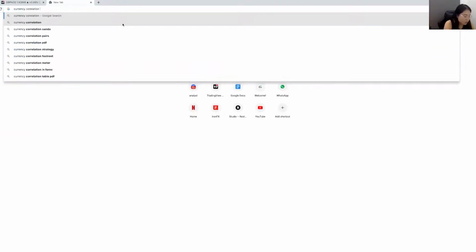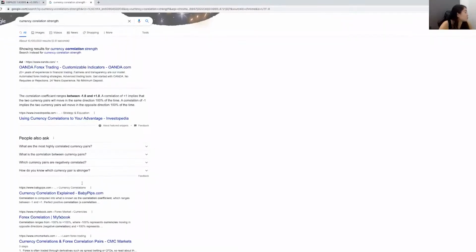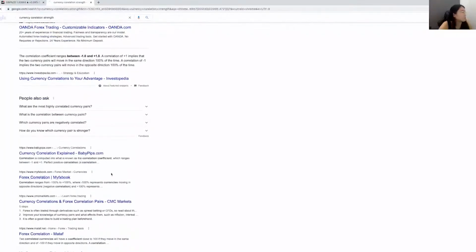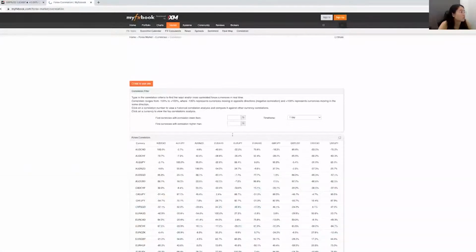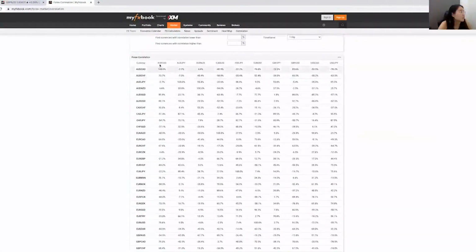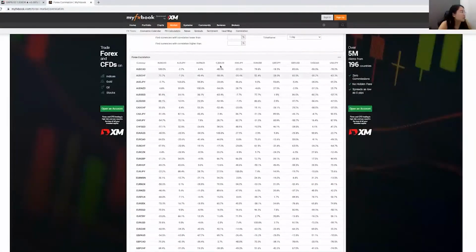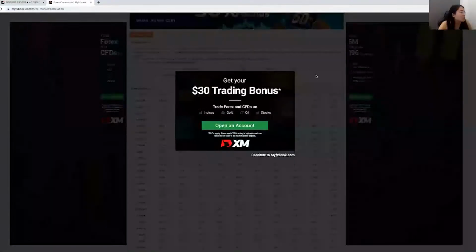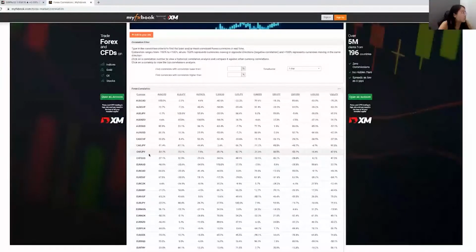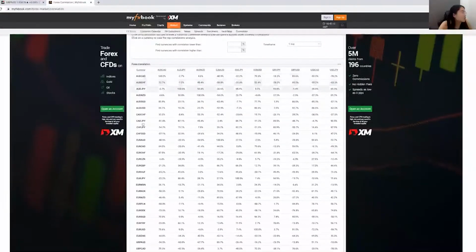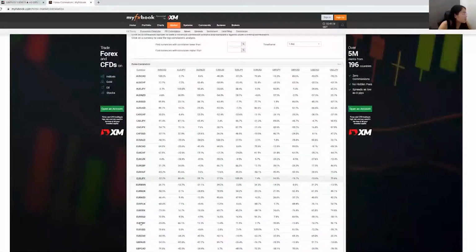For those who are not sure, you can just search currency correlation strength. Just go to MyFXBook. This is where you find correlation. Let's say you're looking for the GBP NZD.